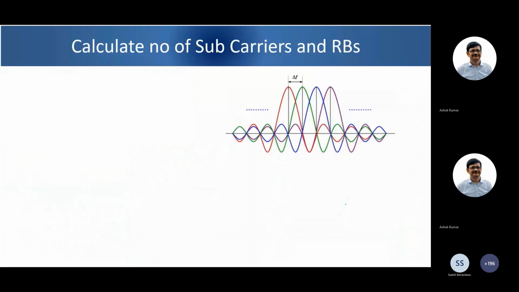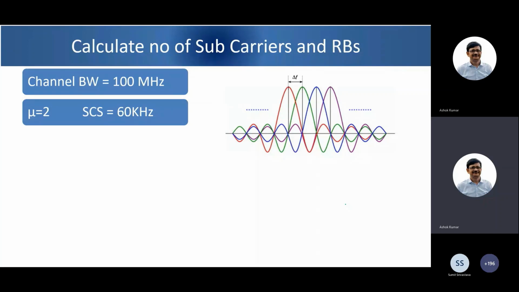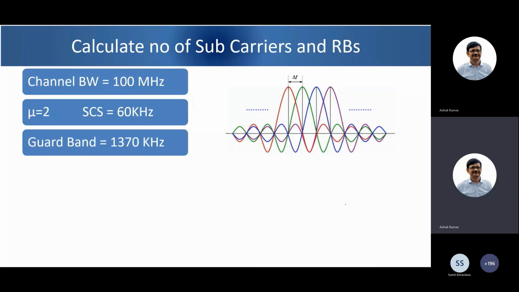Okay, good. So now it's your turn. Suppose channel bandwidth is 100 megahertz and we have numerology 2, that means subcarrier spacing of 60 kilohertz. And here the guard band we use is 1370 kilohertz. So I have a total frequency, which is nothing but 100 megahertz from here to here.